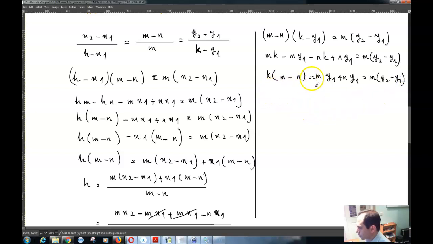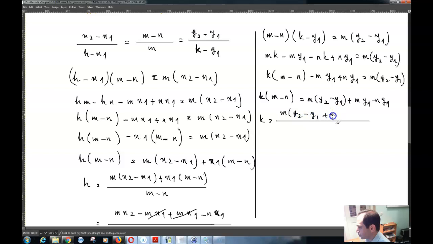So you can write this as k times (m minus n) is equal to m times (y2 minus y1) plus m times y1 minus n times y1, and then you can write k as this whole expression over m minus n.